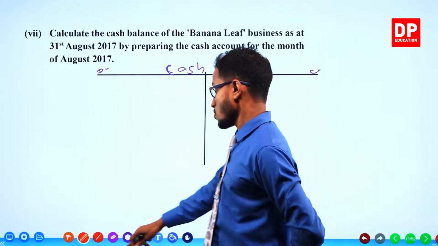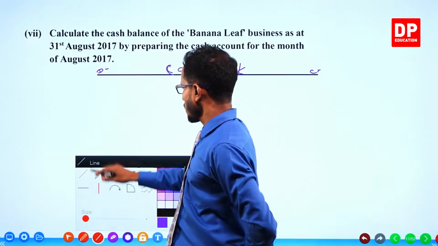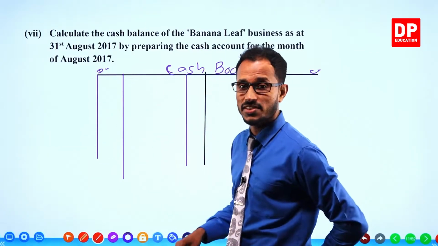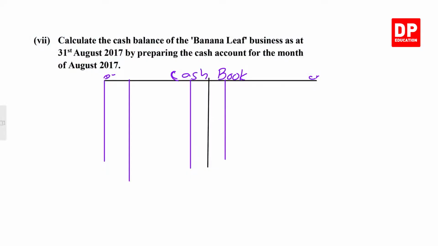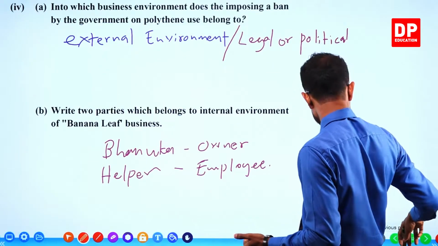If you want, you can draw the columns. I'm just drawing a T account, but I'll draw the columns just for your information. Let's go and check what things we should take.